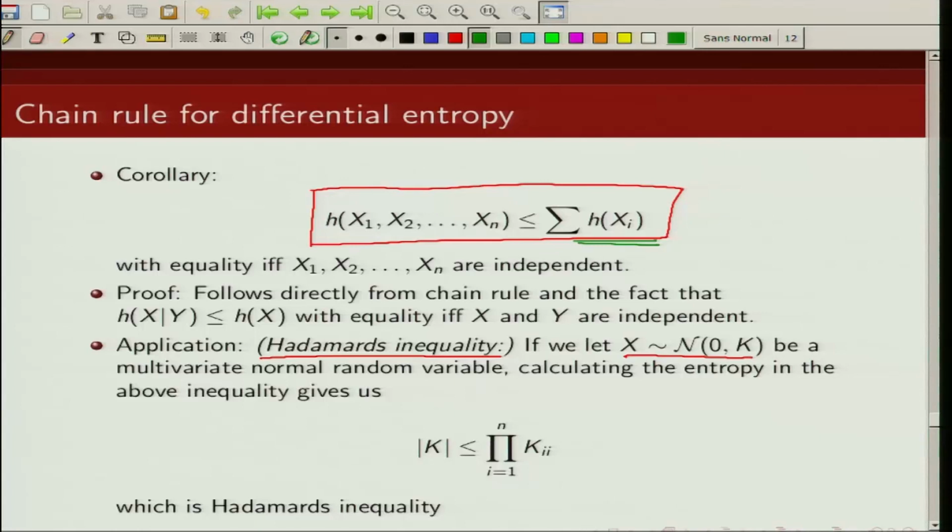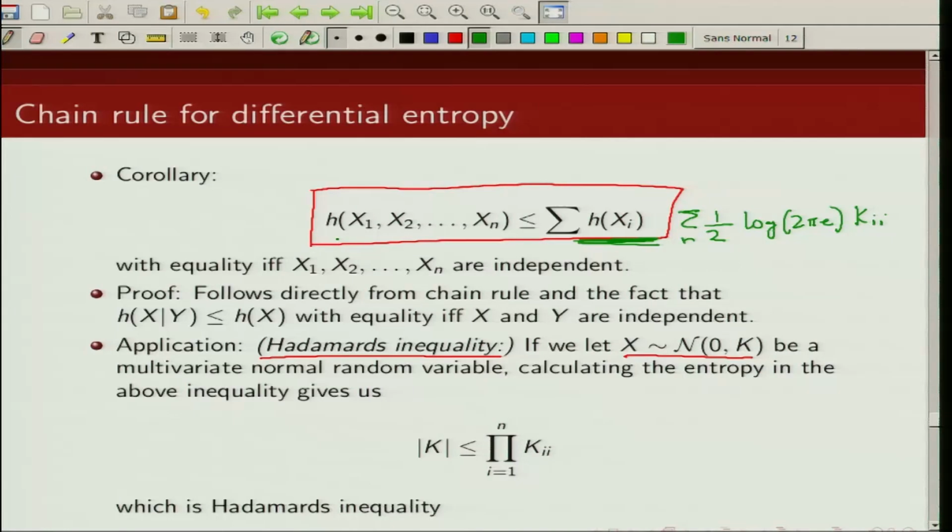This is half of log of 2 pi e Kii. So if we compute this differential entropy here, we will get terms of the form half log 2 pi e Kii, summed over all n.